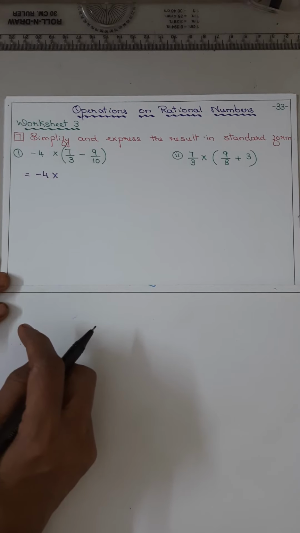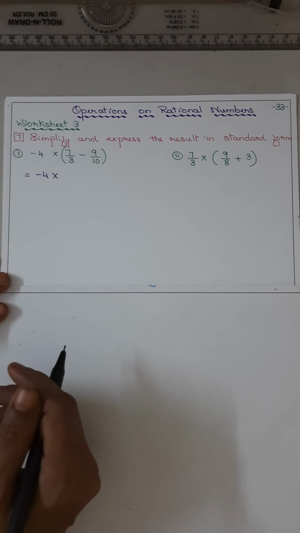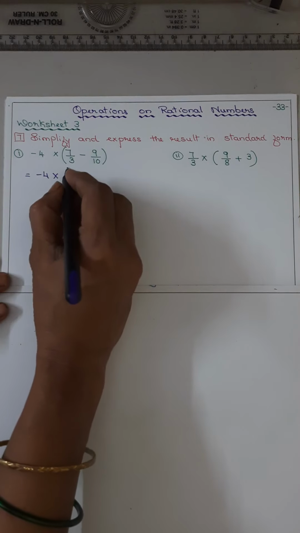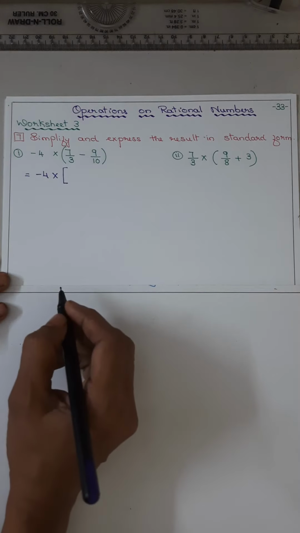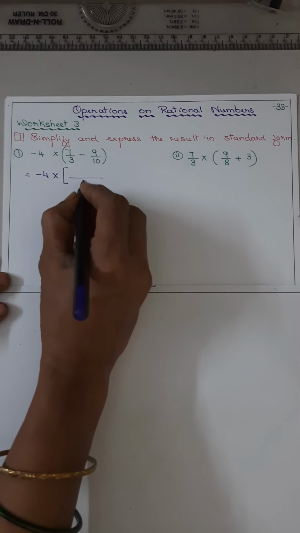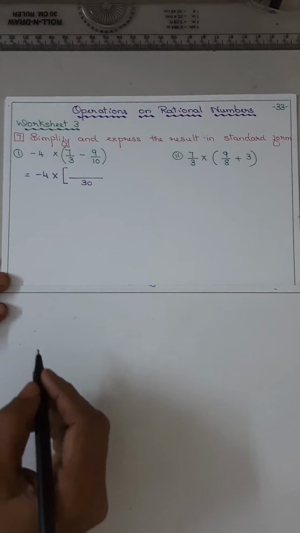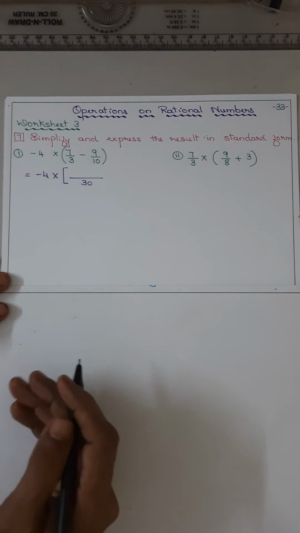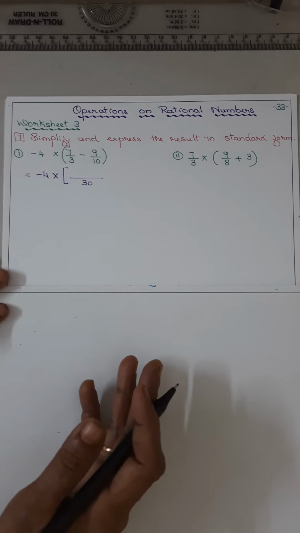subtraction. So for subtraction, what is the method? If the denominator is not the same, we have to see the LCM. Take the LCM of 3 and 10. What is the LCM? It is 30. The bigger number is 10. 10 3s are 30, because in the 10 table the number ends with 0.